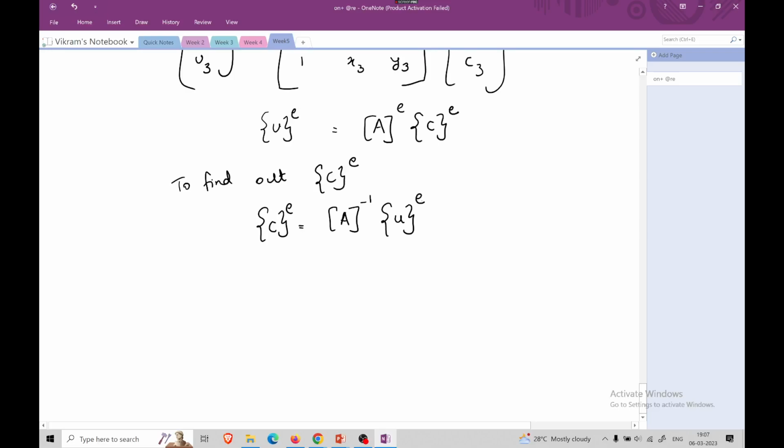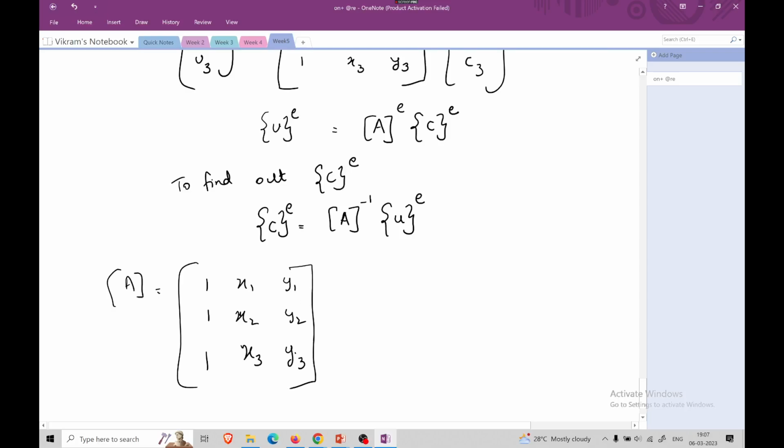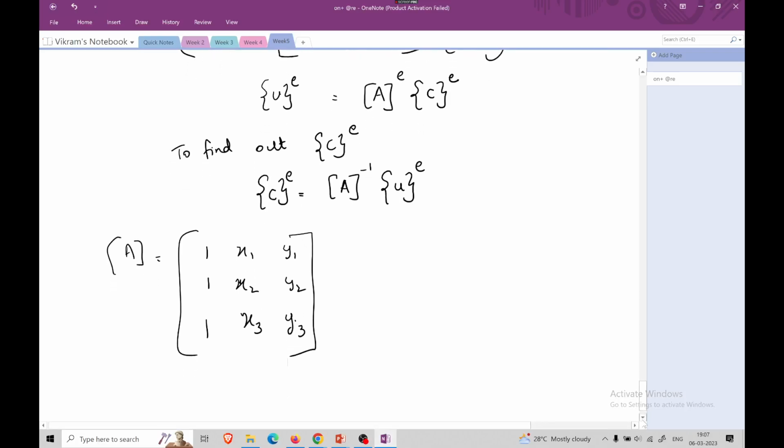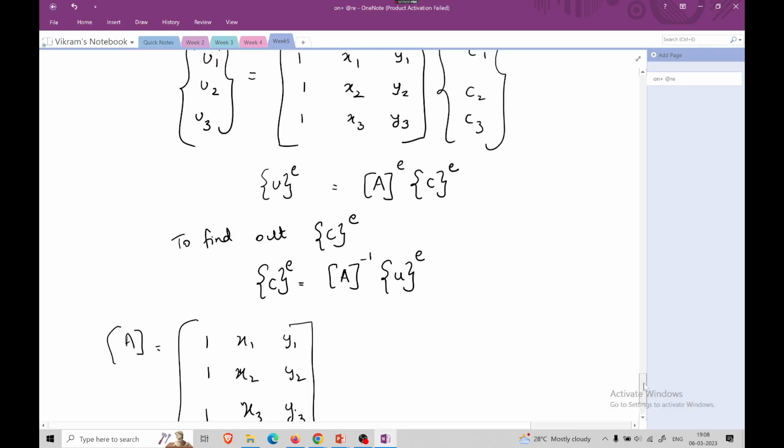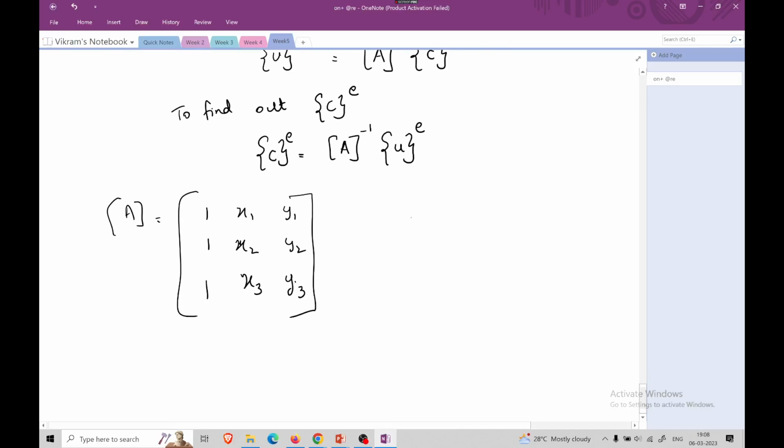So my A was 1 x1 y1, 1 x2 y2, 1 x3 y3. For a 3 cross 3 matrix, A inverse is equal to the adjoint matrix divided by the determinant.